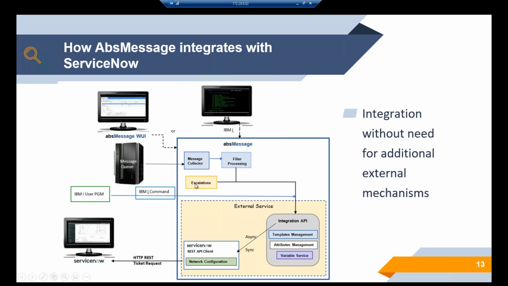Another method would be escalations, an escalation procedure. Maybe you want to integrate by an action as opposed to when the filter is selected. So you want to say, okay, I want the integration to happen as an action. And that's where escalations come in, where the trigger can happen through an escalation action.